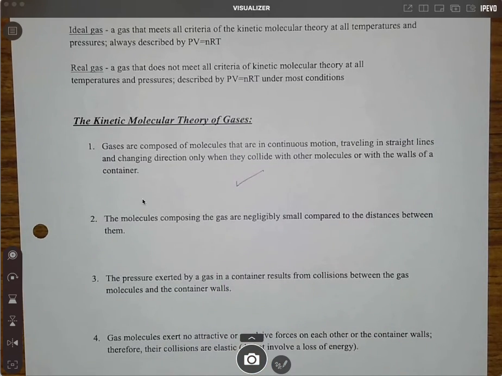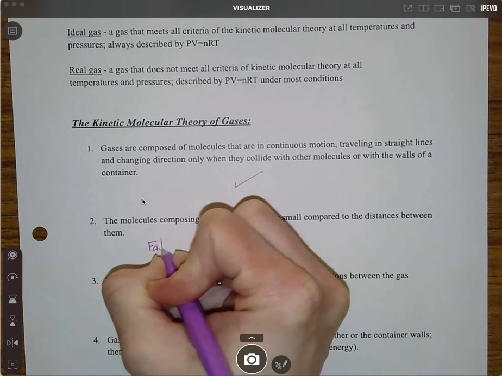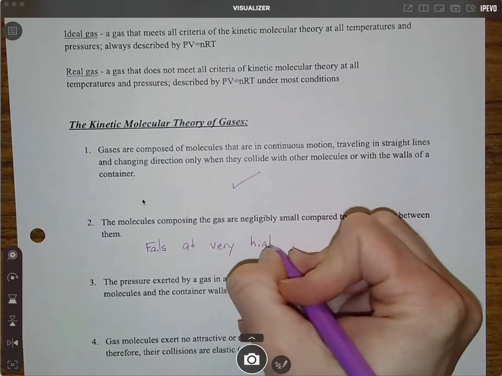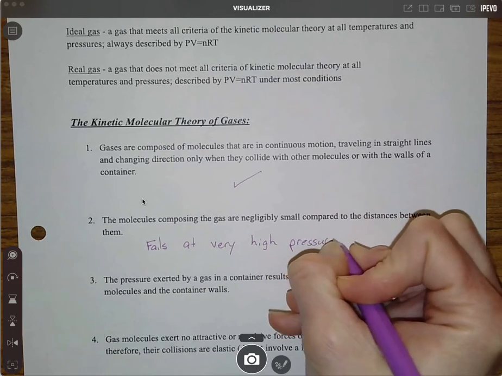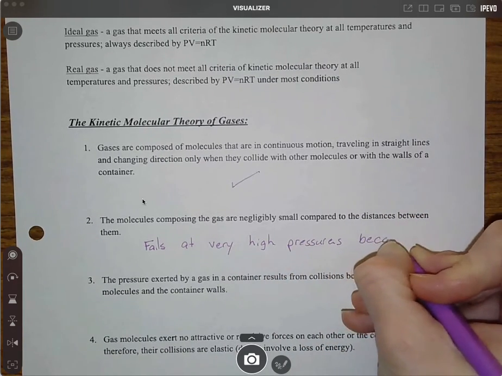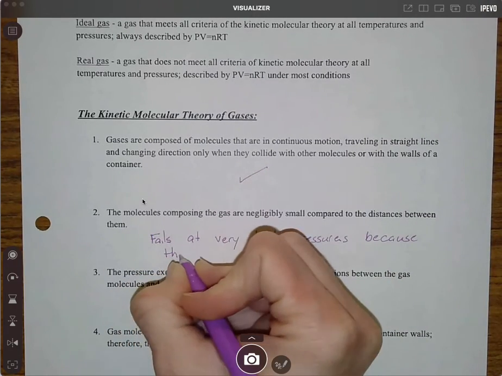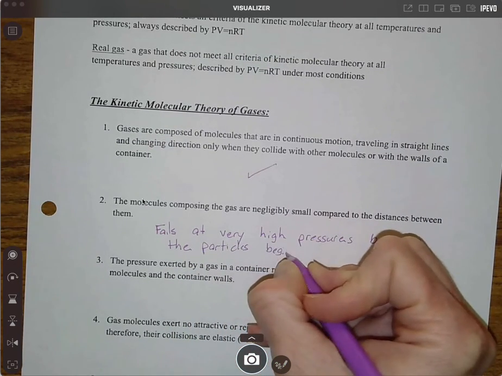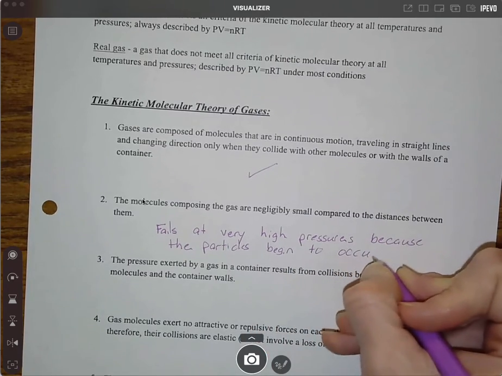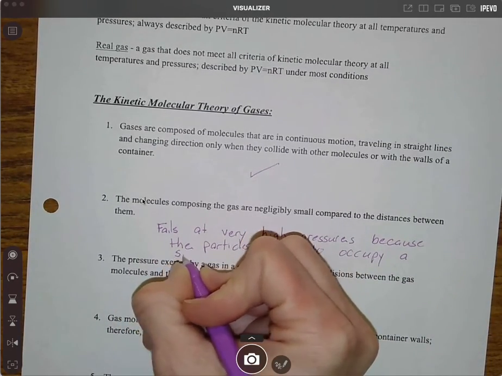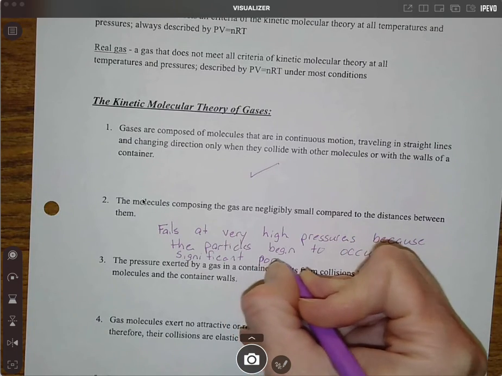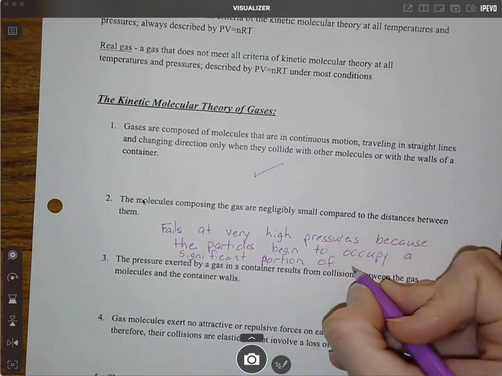So this one, the molecules composing the gas are negligibly small compared to the distances between them, fails at very high pressures, because the particles begin to occupy a significant portion of the container volume.